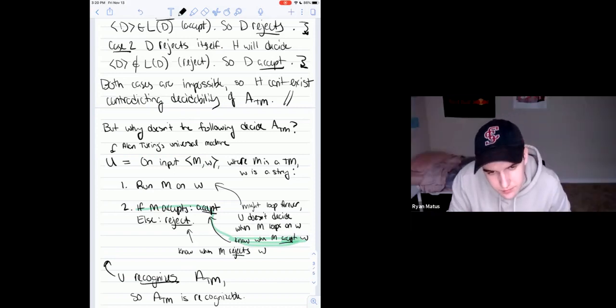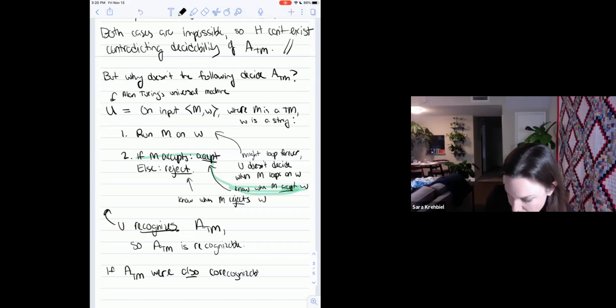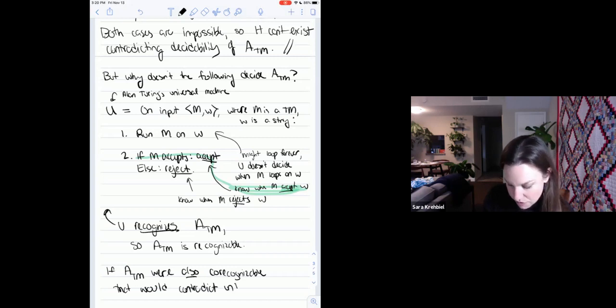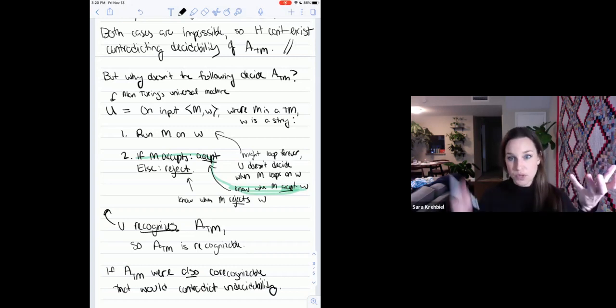So what we're going to show at the beginning of next time is that if ATM were also co-recognizable, meaning if there existed a Turing machine that identified affirmatively all of the no's, that would contradict the undecidability, because we could combine this recognizer that we know exists with a co-recognizer that may or may not exist.